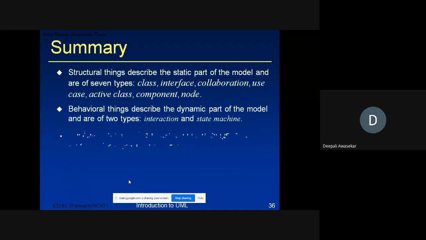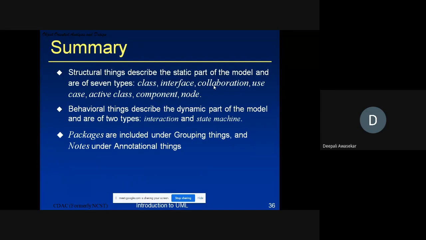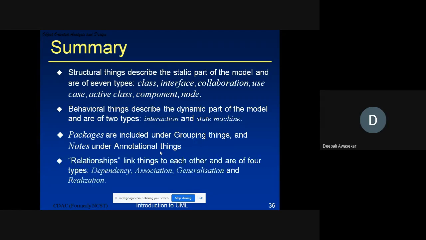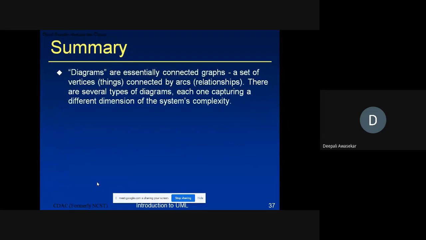Structural things describe the static part of the model; there are 7 types: class, interface, collaboration, use case, active class, component. Behavioral things describe the dynamic part of the model, and there are 2: interaction and state. Packages are included under grouping things and notes under annotational things. Relationship things link things to each other and are of 4 types: dependency, association, generalization, and realization.